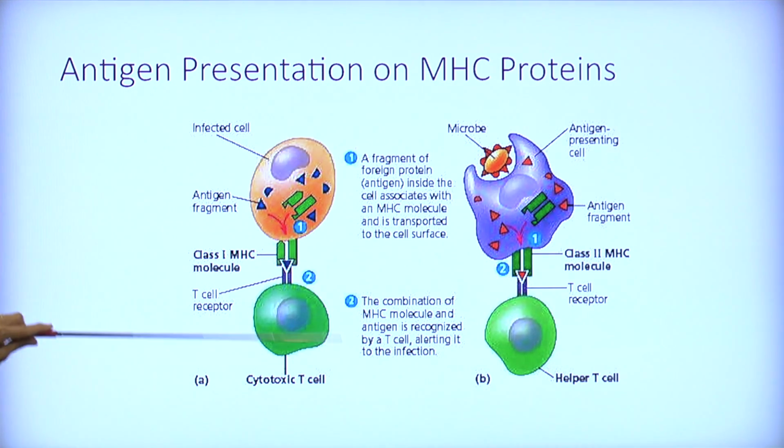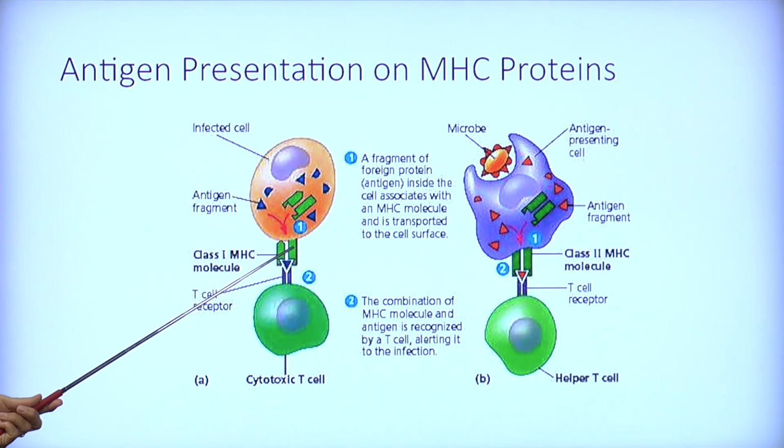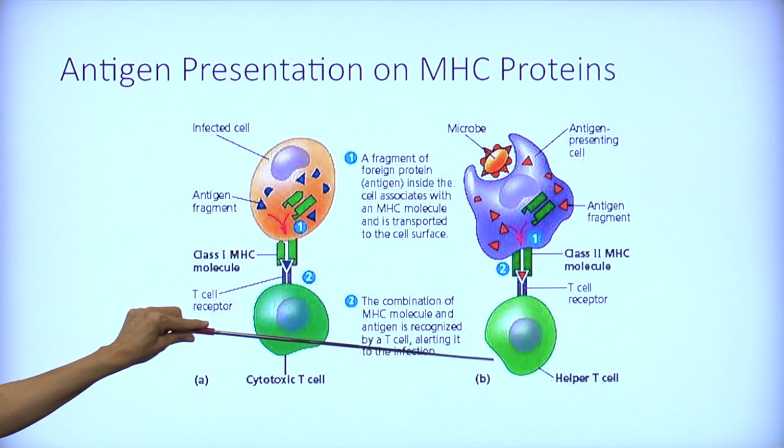Cytotoxic T that is circulating is going to be attracted and recognize this is an antigen. And now cytotoxic T is going to be activated. We will learn the process later on. So MHC proteins are presenting the antigen so that the cytotoxic T will recognize it needs to play a role over here.